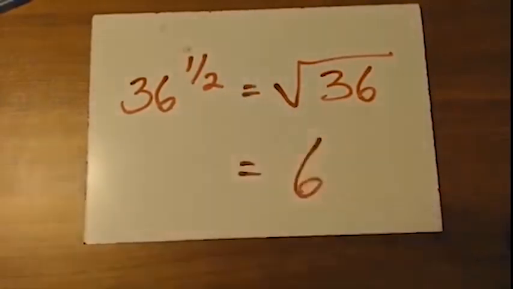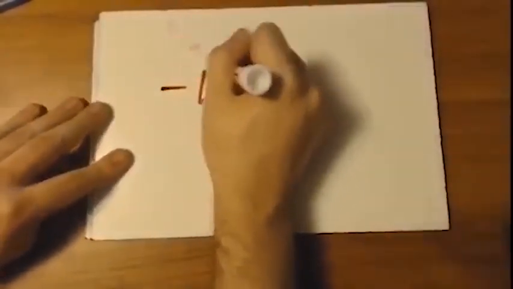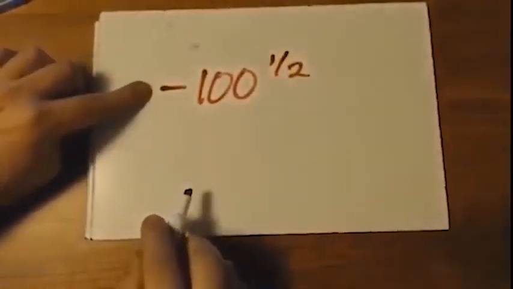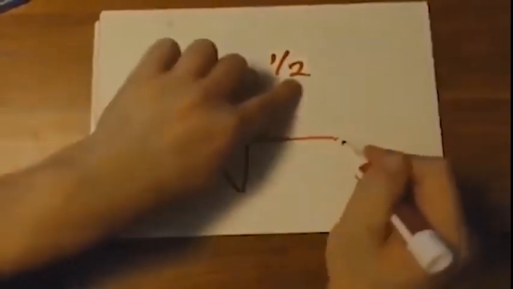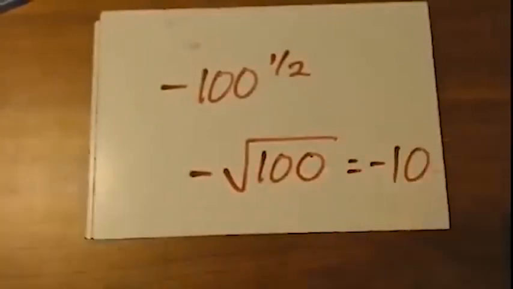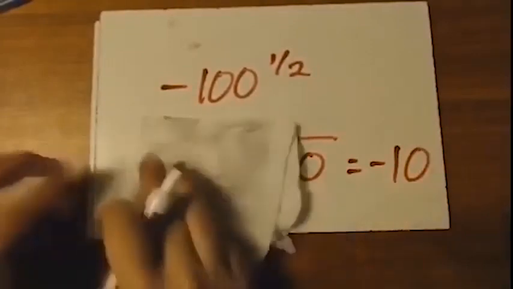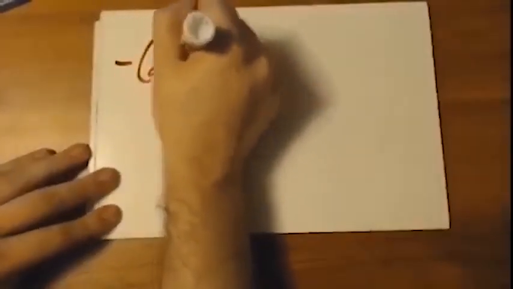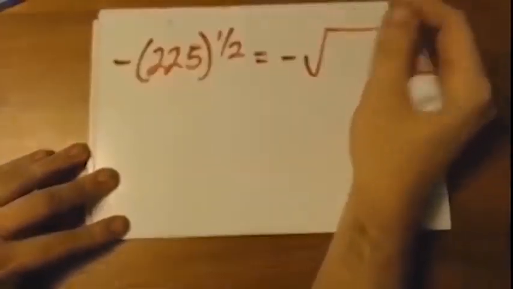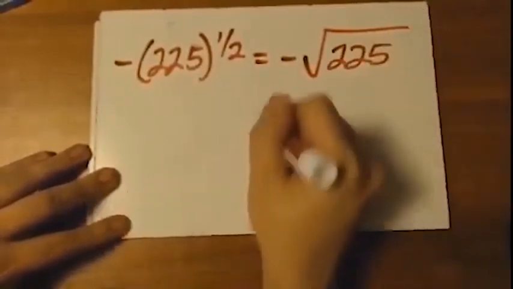If we wanted the negative root, then like in example B, we'll have a negative in front. So this is negative square root of 100, which is negative 10. C, negative 225 to the 1/2 is the negative square root of 225.